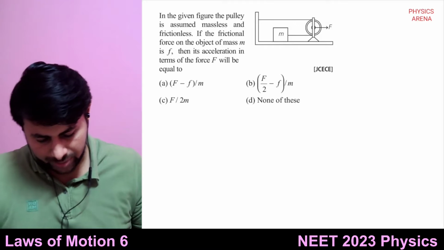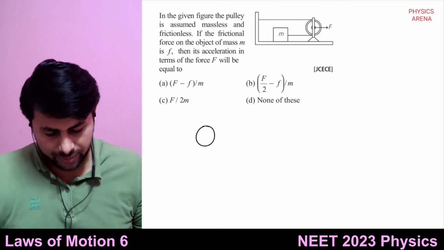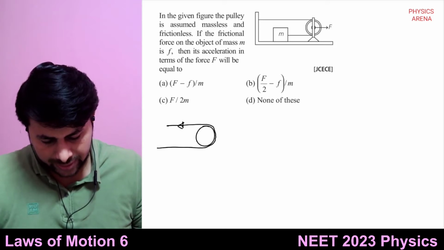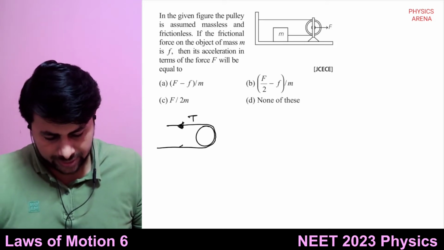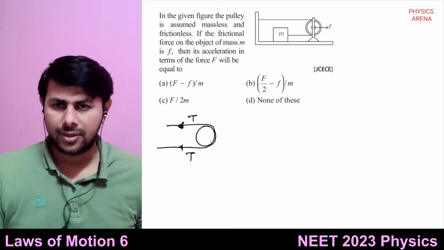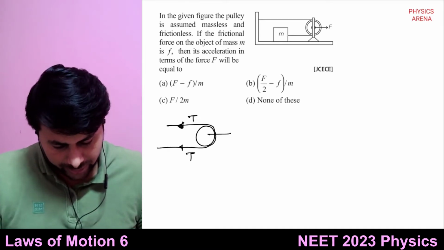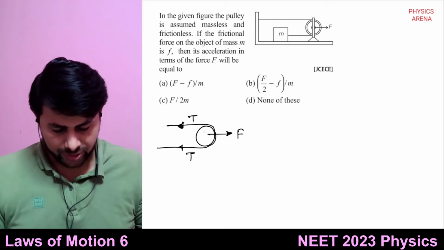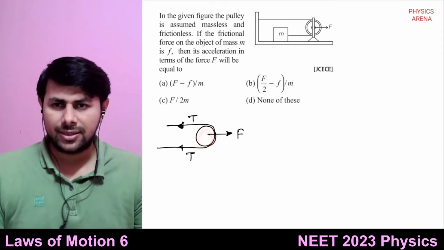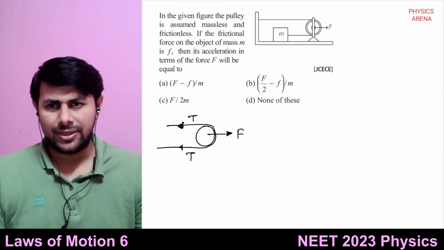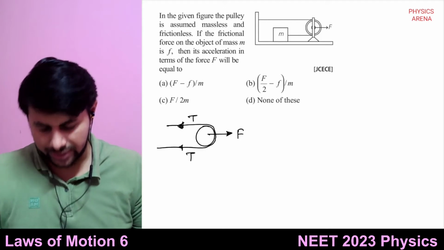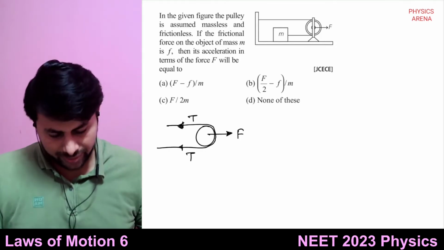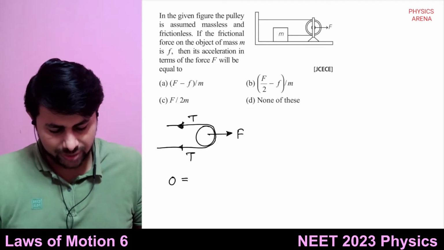If you think about the pulley, there is tension in this string, T and T, and there is a force acting towards the right. Now the pulley is massless, it doesn't have a mass, so you can say mass times acceleration is equal to 0.